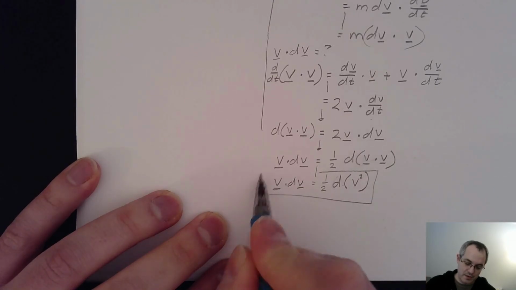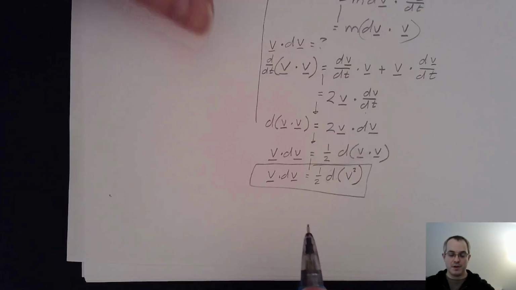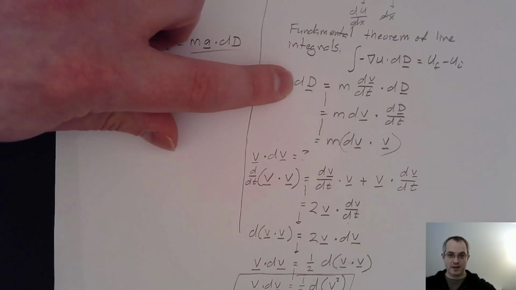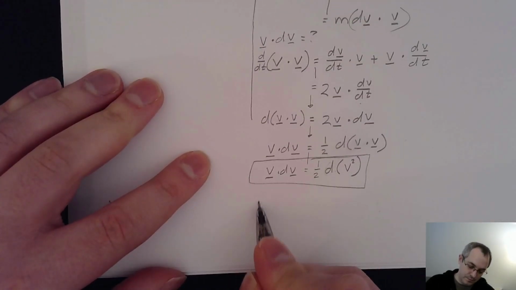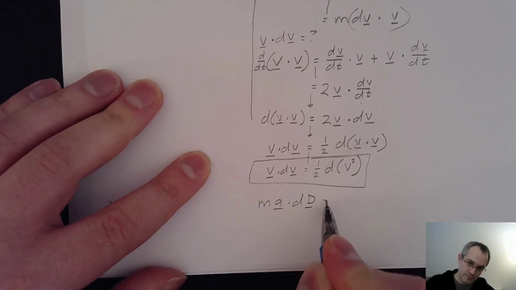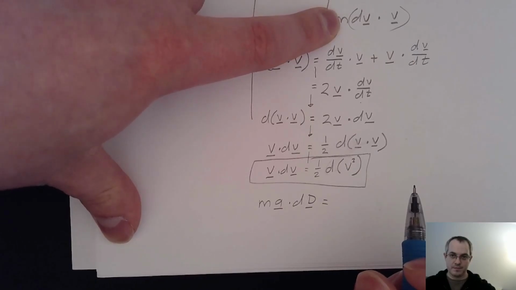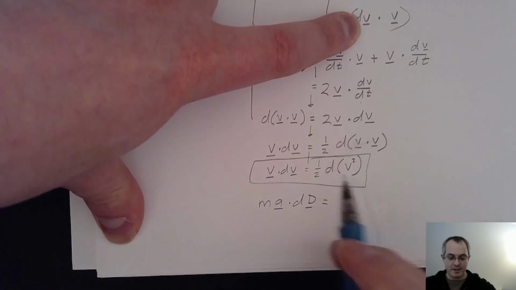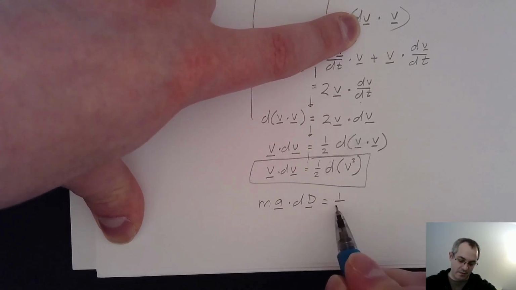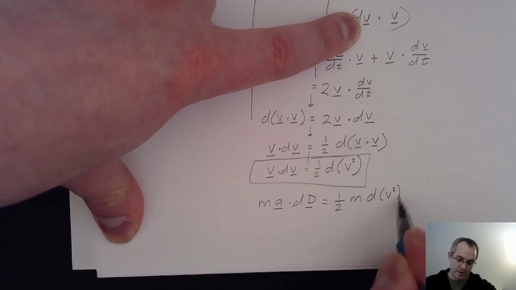Put a box around it. Okie doke. Therefore, our ma dot dd will be equal to m times dv dot v, which is this. So that will be 1/2 m d of v squared.